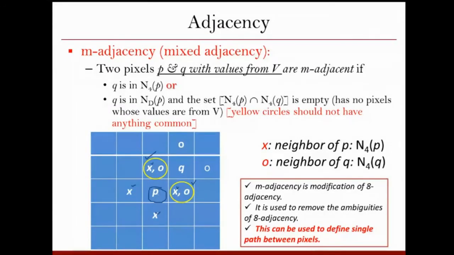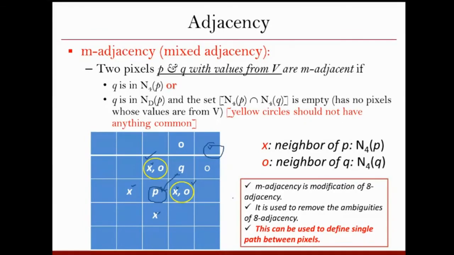But if this point P is not here, but maybe somewhere here, then they will not be adjacent because they are far apart. There we have to apply different criteria, because then you have to see what are the points in its neighborhood. But at least for this example, if we are considering this P and this Q, they will not be considered M adjacent.